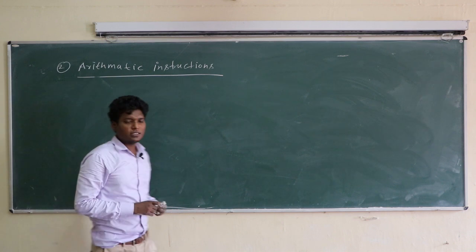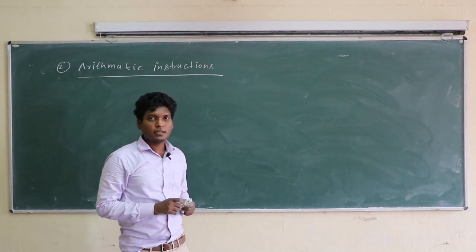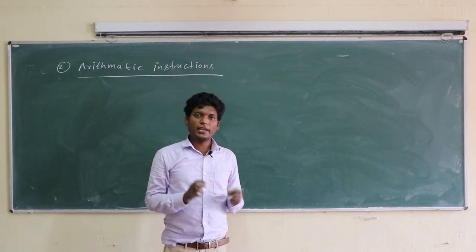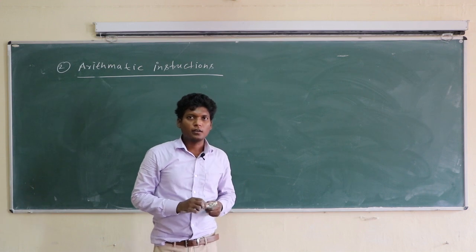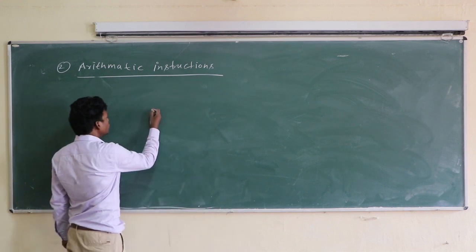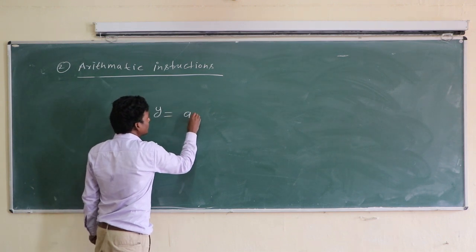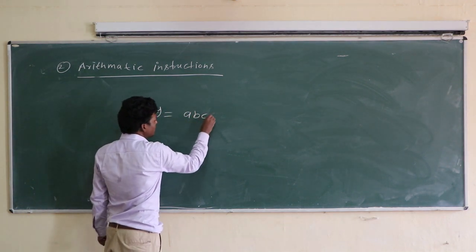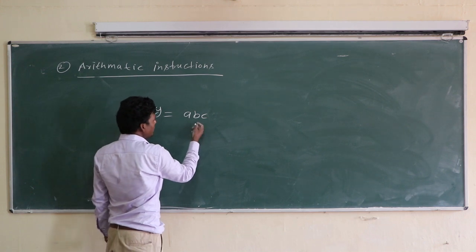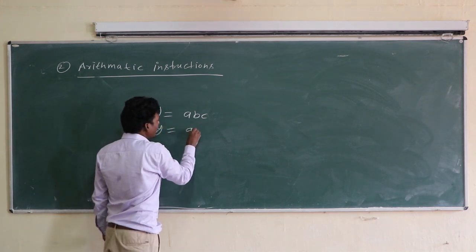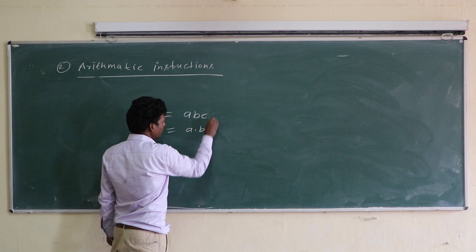In C arithmetic instructions, we cannot assume any operator. Suppose you write y equal to a b c, or y equal to a dot b dot c.